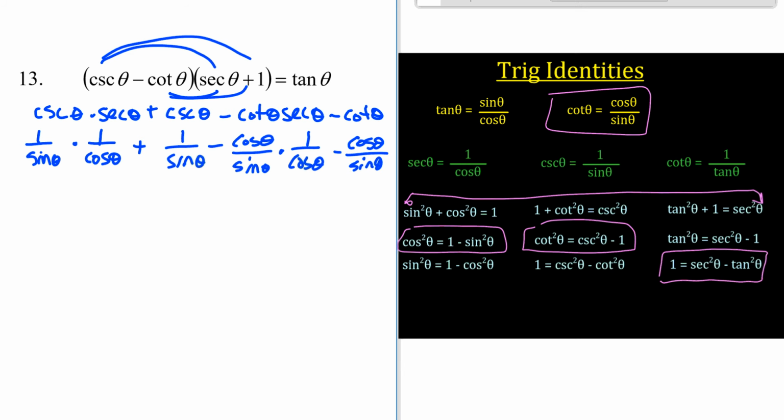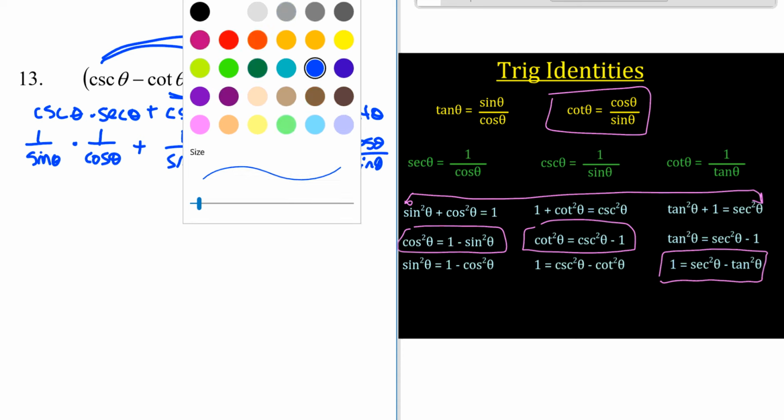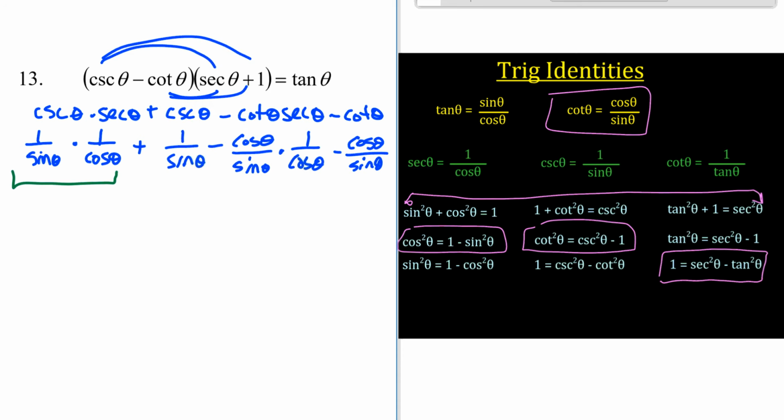Trust me, this will all work down to be just tangent, but right now it looks like it's getting even worse. But we're going to be okay in the end. One thing I do want you to notice here is these two. You notice how those have 2 fractions that are multiplied? So we're going to combine those just to clean it up a little bit.